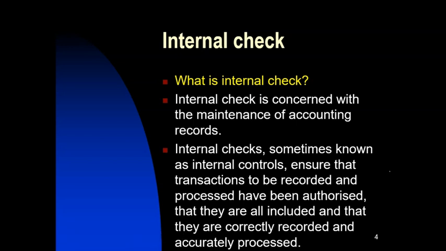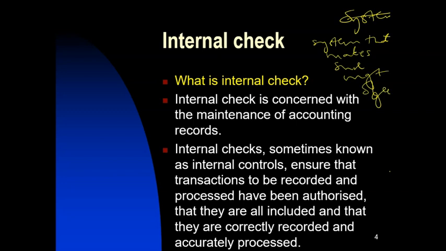So when you talk of an internal control system, we'll be saying that it is a system that makes sure management objectives are met. Sorry, my board here is having a problem.